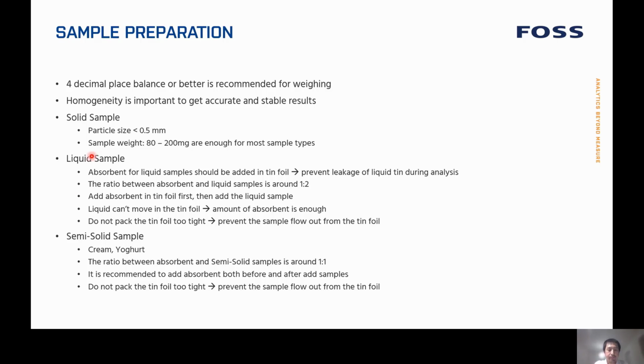For liquid samples, we provide an absorbent that is used to trap the liquid sample in the tin foil. This can prevent leakage of the liquid during the analysis. We recommend a ratio between the absorbent and liquid sample of 1:2. For example, if you have 200 milligrams of liquid sample, you must weigh 100 milligrams of absorbent in the tin foil.